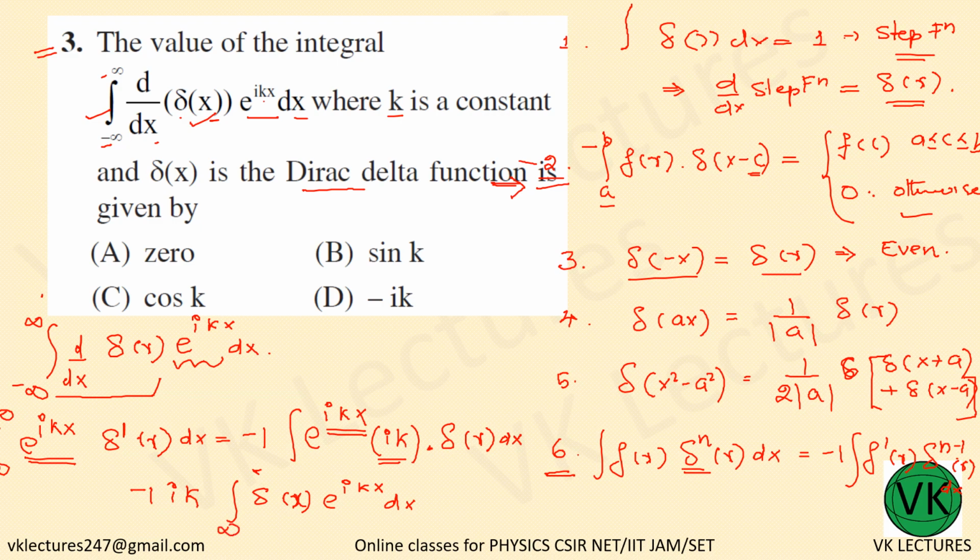Now this is from minus infinity to plus infinity, and what is here? Delta of x. So delta of x we can write as delta of x minus 0 into e to the power ikx, right? So put x equal to 0 here, you get f of c, function of c. So e to the power x equal to 0 is nothing but 1. So minus 1 into ik into 1 is nothing but minus ik.